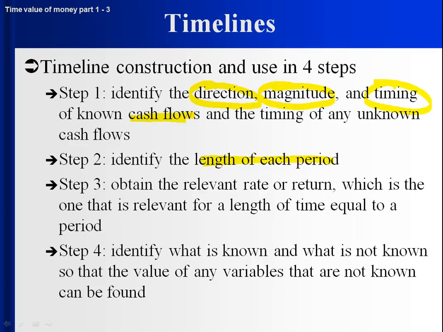For each particular situation, there's an appropriate length that you need to use. Then once you have the length of each period, you've got to get the relevant rate of return for that period. So again, if we're looking at a timeline where everything's denoted in months, we need a monthly rate of return. Step 4, that's the big one. What do we know? What don't we know? And what are we trying to achieve here?